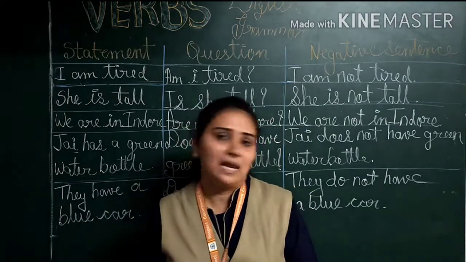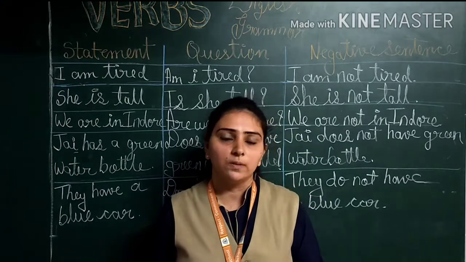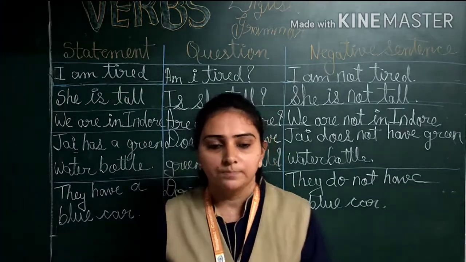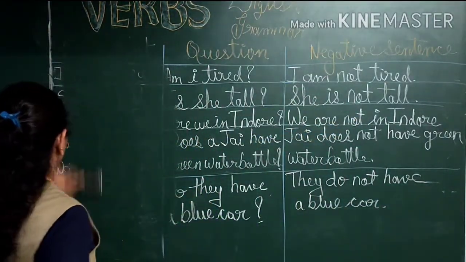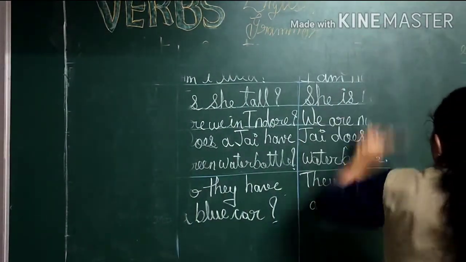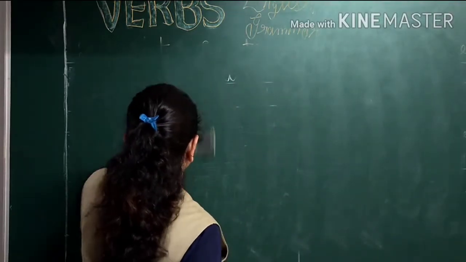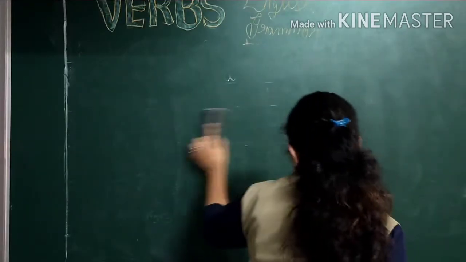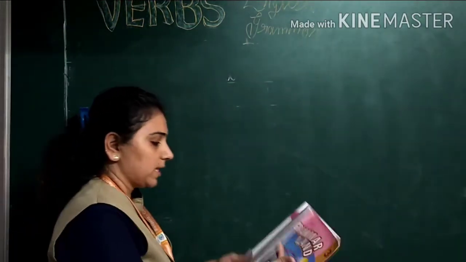And the last topic of the verbs: there are 3 rules to use the verbs. Let's start how you have to use the verbs. So the 3 rules are there.